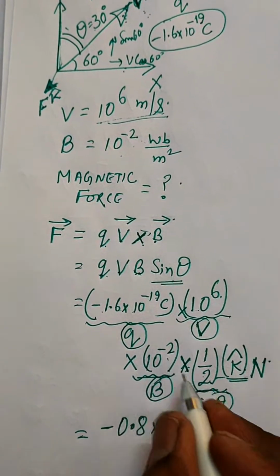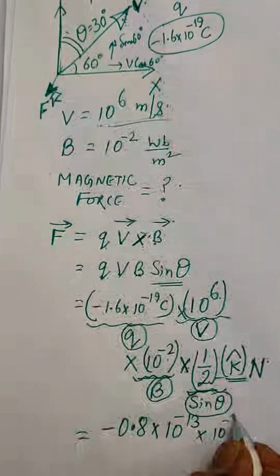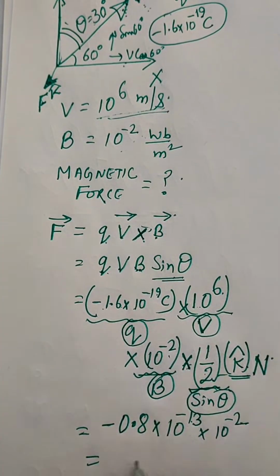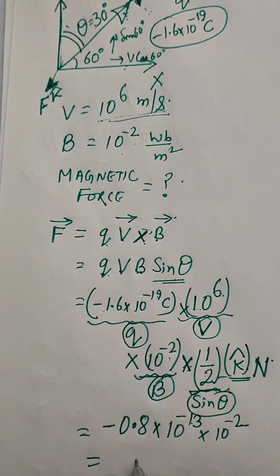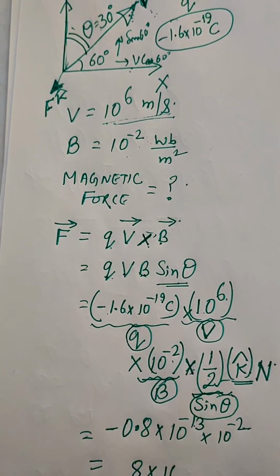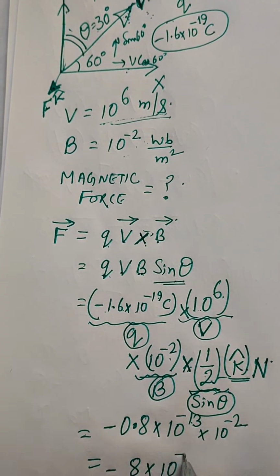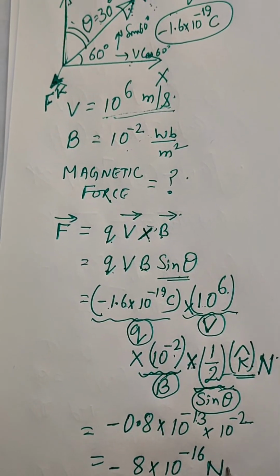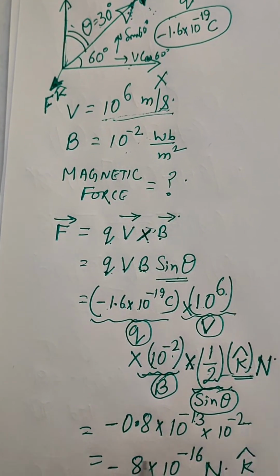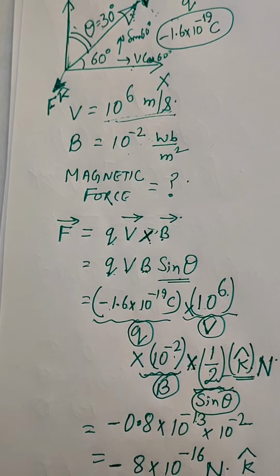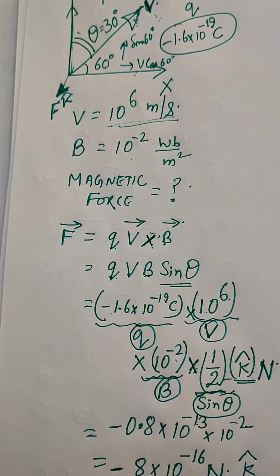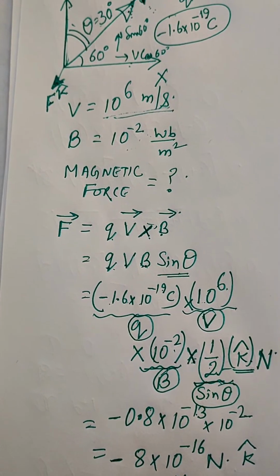Here 10 to the power minus 2 again, so this will give you 8 into 10 power minus 16 Newton of force into the K direction, but it's minus, so we can write it as 8 into 10 power minus 16 Newton into the minus K direction.